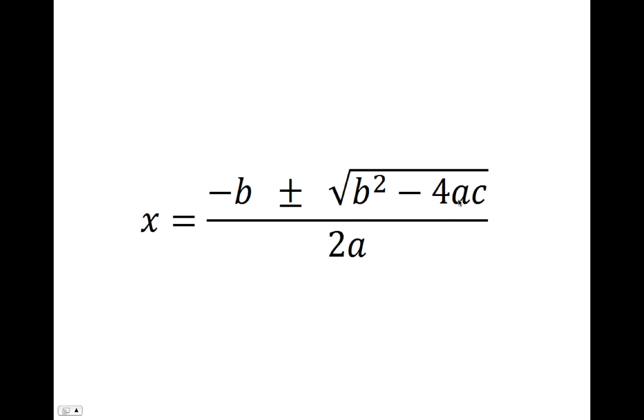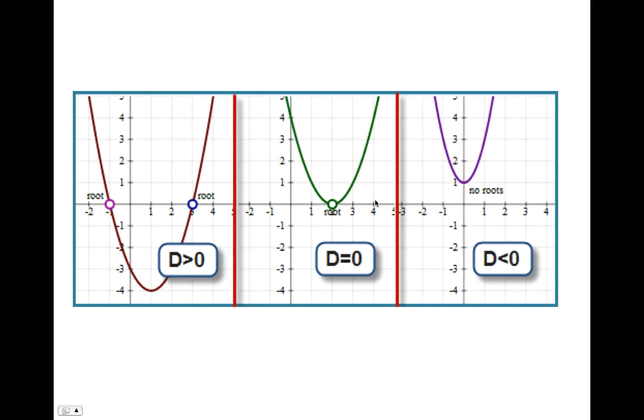If this turns out to be a negative, then it has to be imaginary. If it turns out to be 0, you would only have one answer. If it turns out to be something positive, then you're going to have this one plus that number and this one minus it, so you end up with 2 real roots. This is what we call the discriminant.